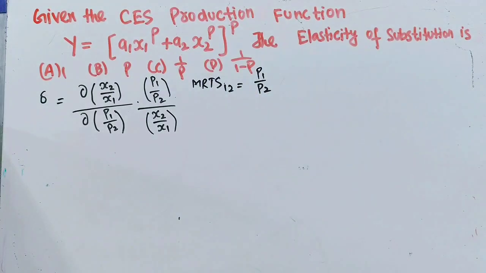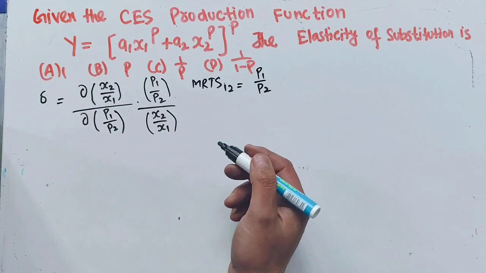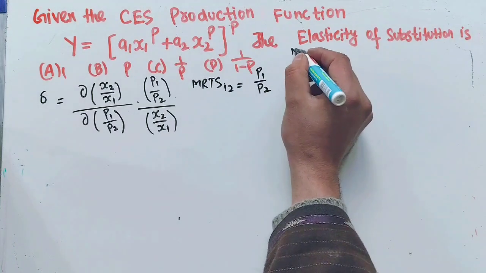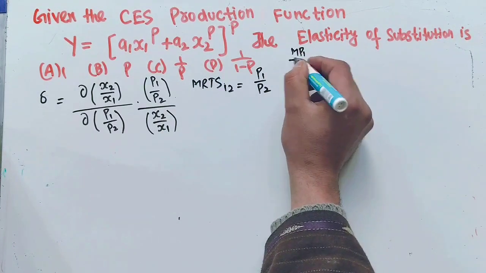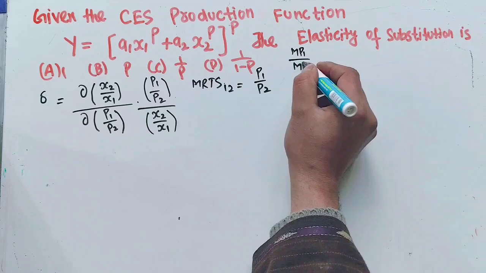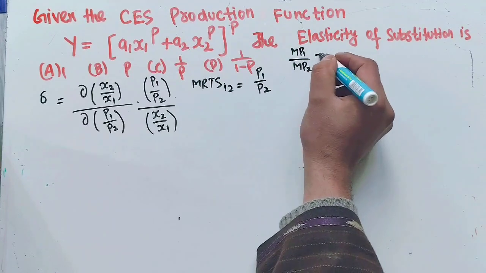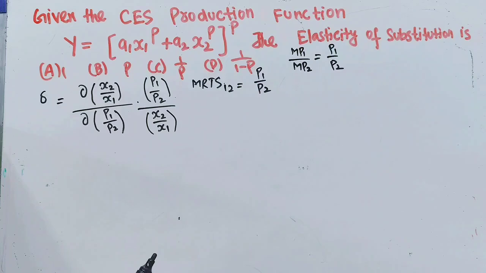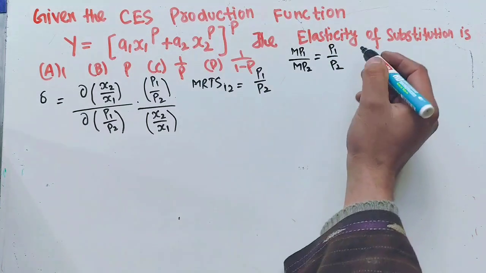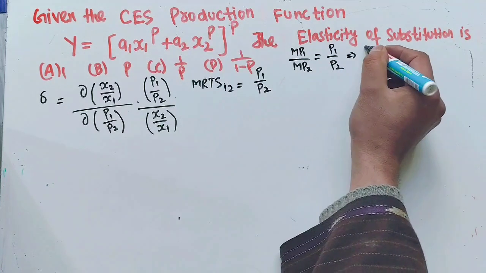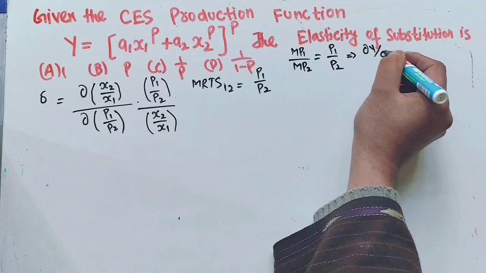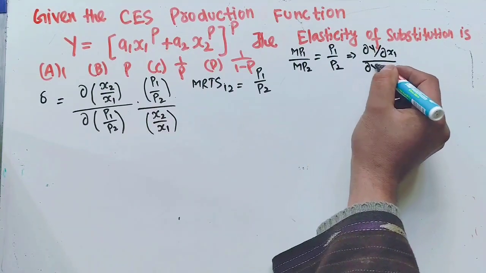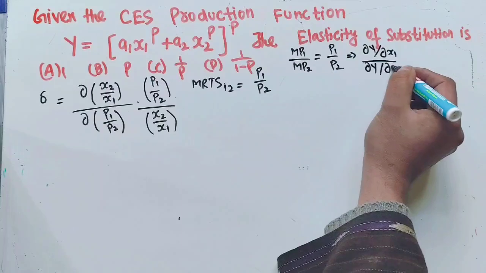Now MRTS is the marginal product of input 1 upon the marginal product of input 2, which should be equal to P1 upon P2. Now what is MP1 upon MP2? MP1 is the partial derivative of the production function with respect to x1. Similarly, MP2 means the partial derivative of the production function with respect to x2.